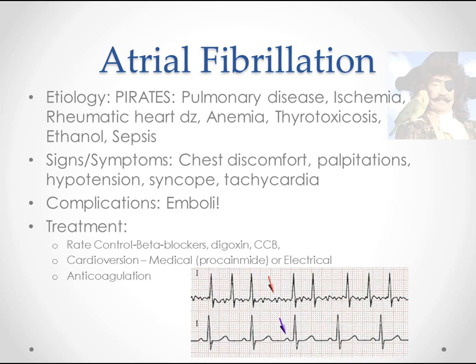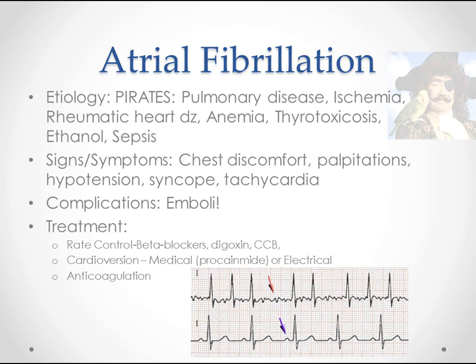But some people you might be working up for chest discomfort, palpitations, hypotension, syncope, tachycardia, and so you run an EKG and you see a very characteristic wiggly little line with no discernible P waves and an irregular rhythm. So that's pretty much diagnostic for Afib.